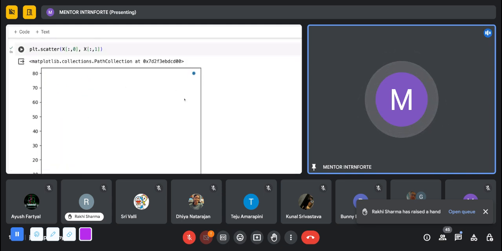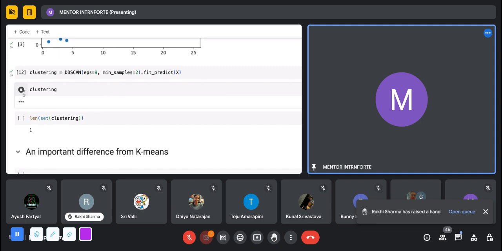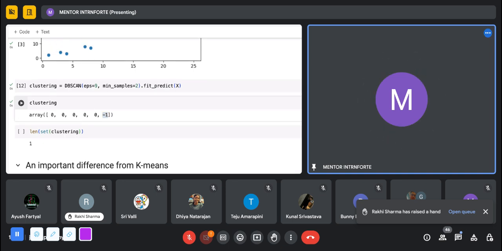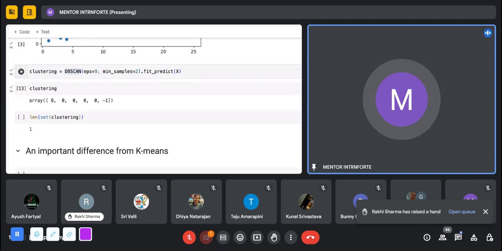And since this one is too far, it can still be noise. See, everything has become one cluster, cluster 0. This has become noise. So the game lies entirely in epsilon and min sample points.